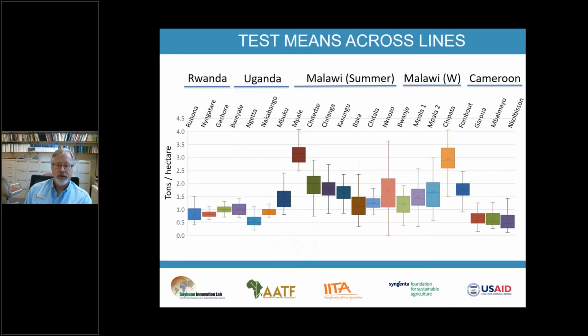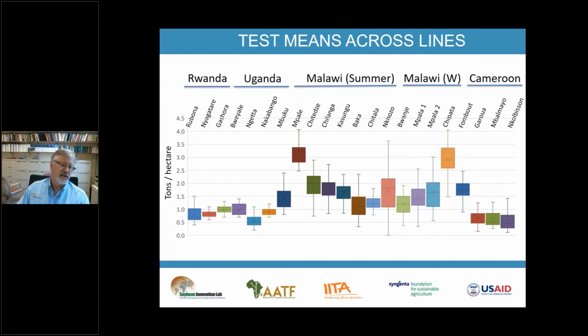The primary trait that we're interested in, which was shown by the last poll, is grain yield, because we need to improve grain yield so that farmers can produce soybeans profitably. What this figure shows is the median and the range of yields across all lines in the test at each field location, so that we're able to compare how lines performed at these different locations.